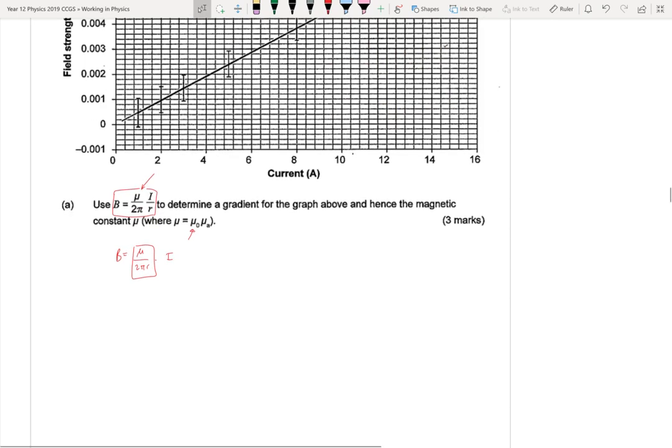So pick your points. Please write the full equation down. Y2 take Y1. Okay.